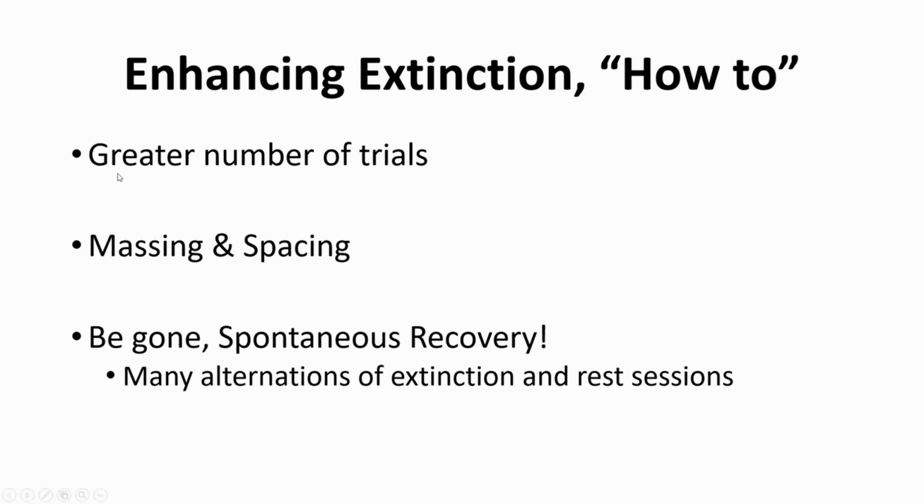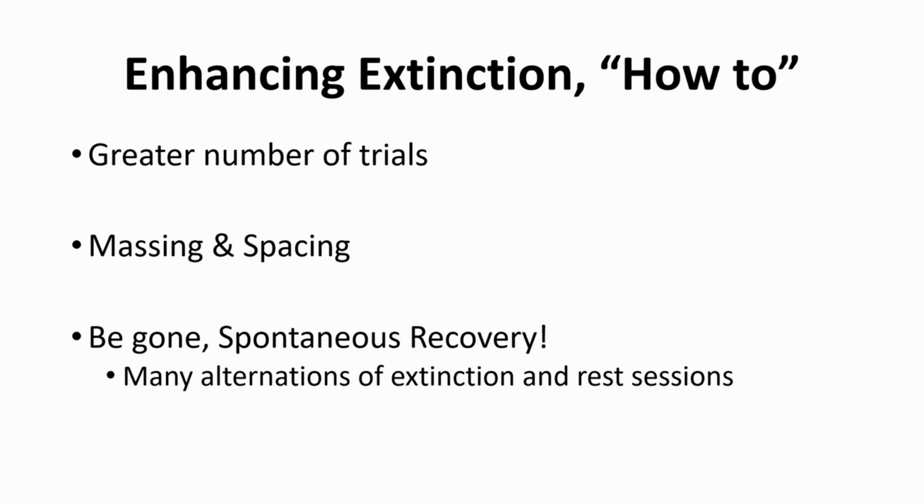Greater number of trials. That one is actually pretty self-explanatory. When you're putting an individual through extinction, the more exposure to that extinction contingency, the more likely it is that that extinction is going to be learned.